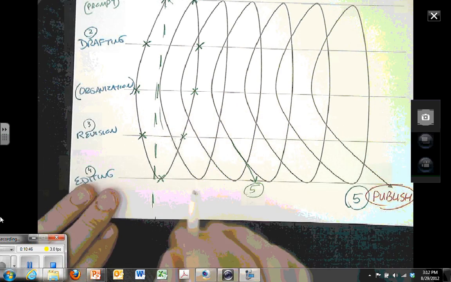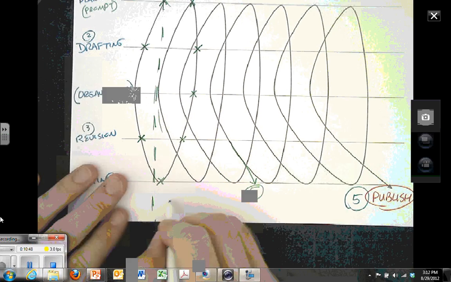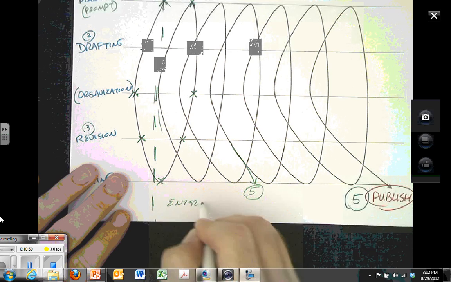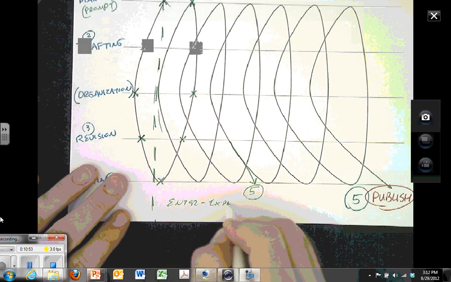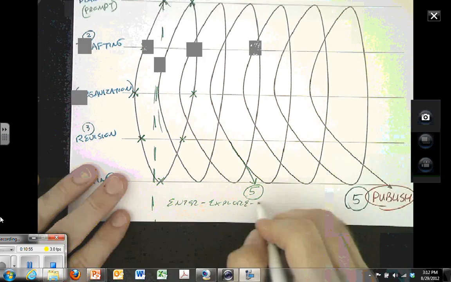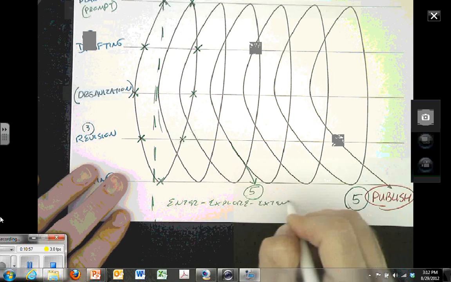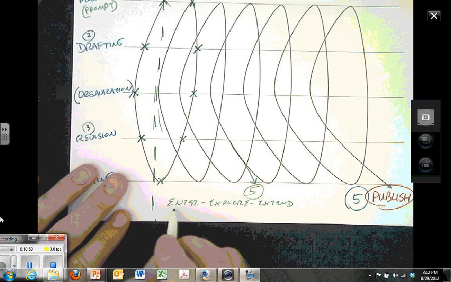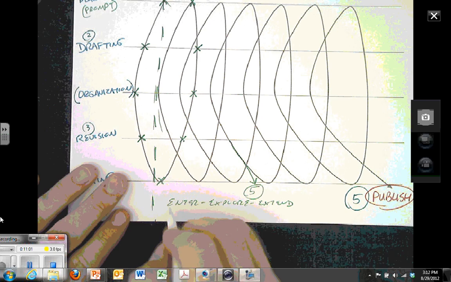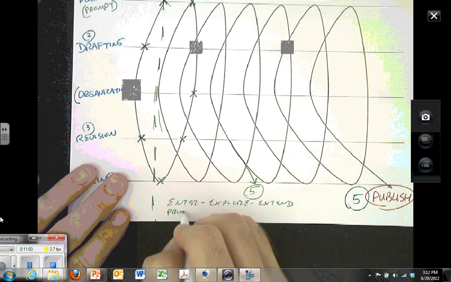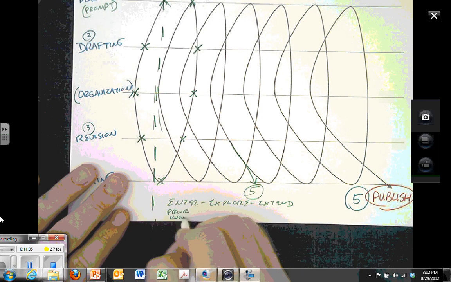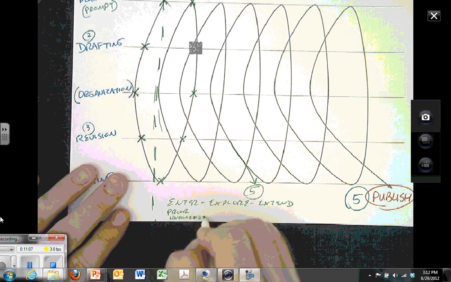This also gets into the idea that we will talk much more about later of enter, explore, and extend. What students do to enter into a skill. How the teacher uses prior knowledge. Explore.